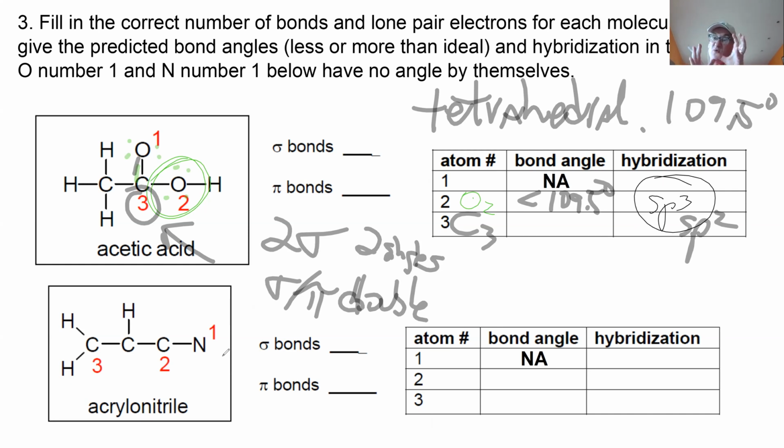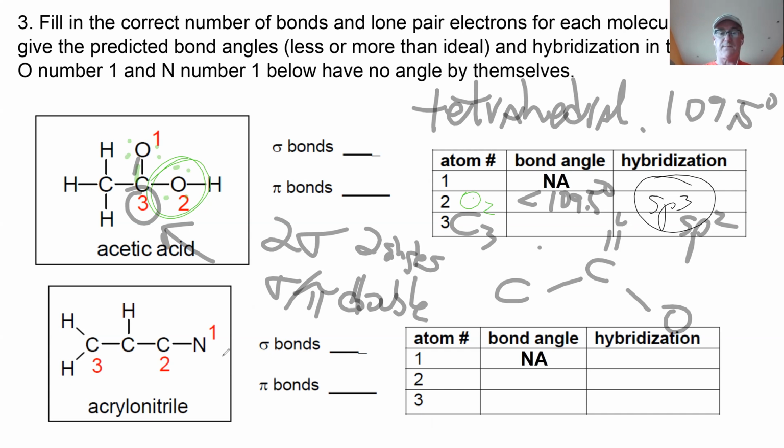So with sp2, what shape is that? 3 regions. Trigonal planar. So what's the bond angle associated with trigonal planar? 120. So either this carbon, carbon, oxygen bond.